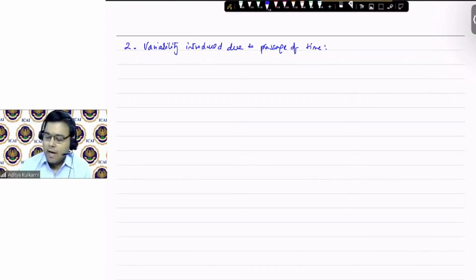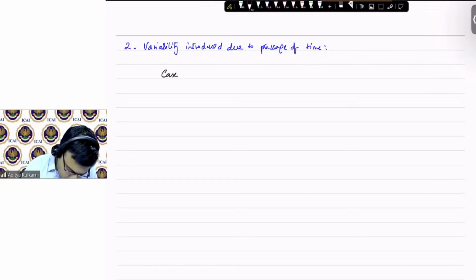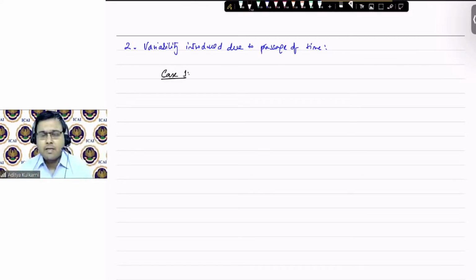So when that is the case, you will have to consider whether the variability which is introduced is due to business cases or due to passage of time. So you could have case one, variability due to business scenarios.